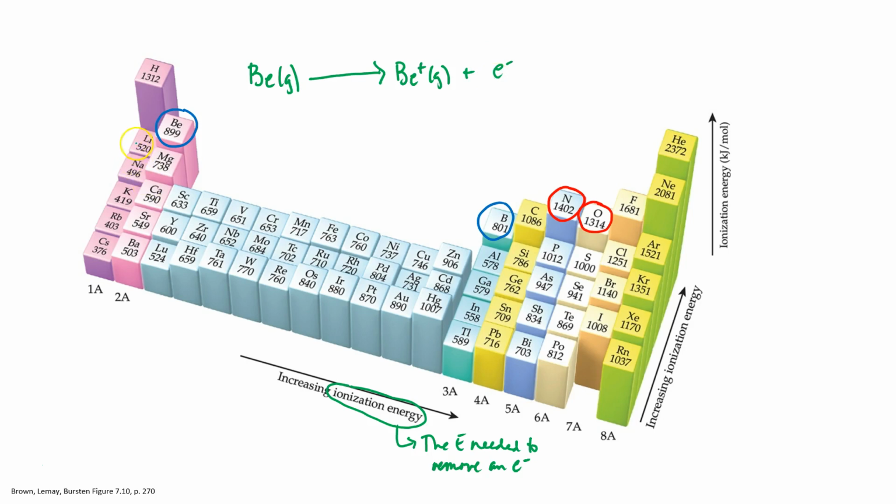Again, as we go across the row, ionization energy increases. As we go down the group, ionization energy decreases, meaning that it's easier to remove an electron, and that's because these electrons down at the bottom of the periodic table are so far away from the nucleus. But let's get back to this exception.